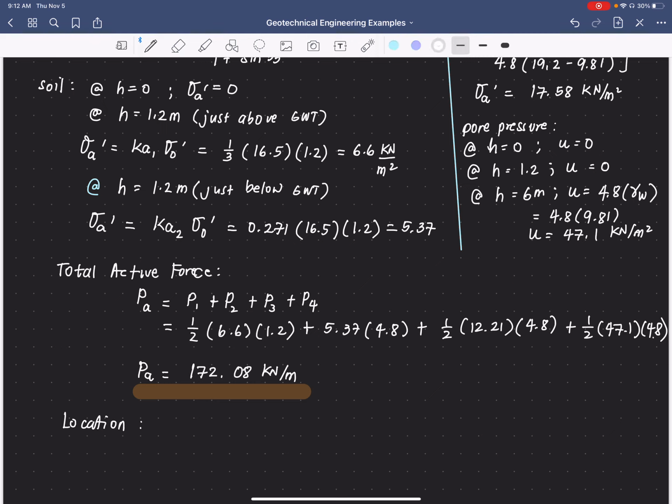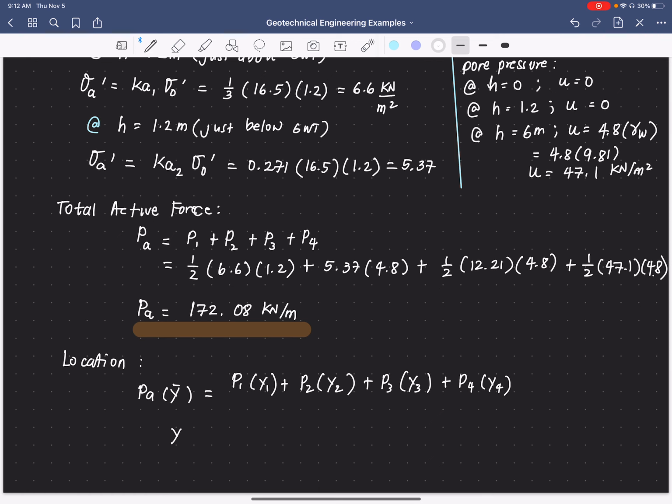We have our total force, we have PA multiplied by y bar, which is equal to P1 times y1 plus P2 times y2 plus P3 times y3, and plus P4 times y sub 4.